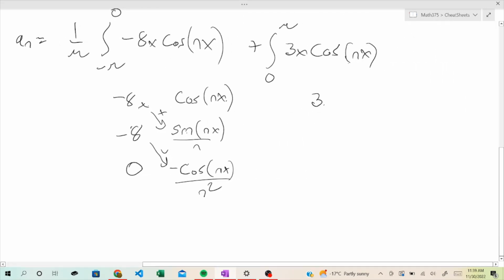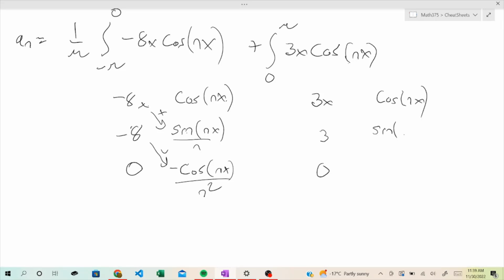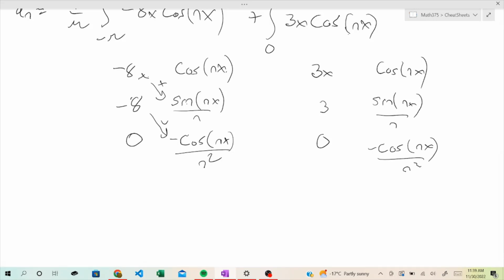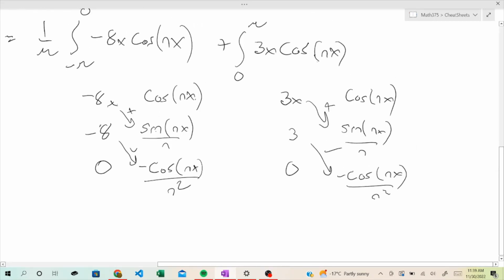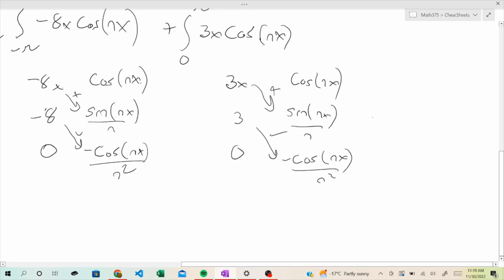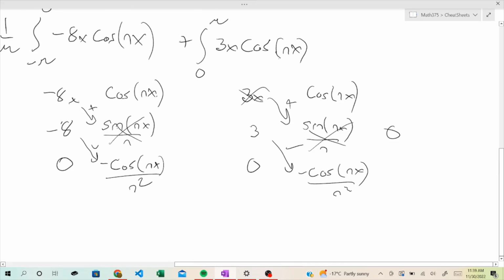And we're going to tabular integrate this side, sine nx, sine nx over n, and negative cosine nx over n squared. To save some time, sine at pi and sine at 0 both become 0. So we can just cancel this out because it'll always be 0.